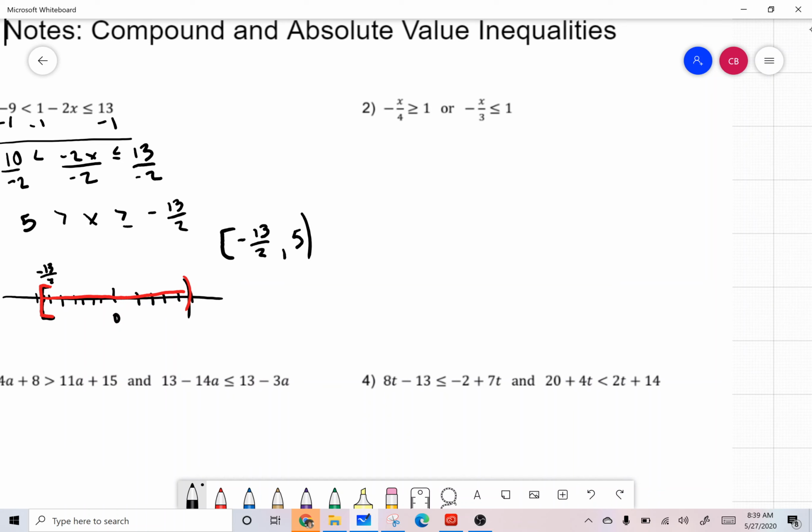Now for this one, we have negative x over 4 is greater than or equal to 1, times by negative 4. We have x is less than or equal to negative 4, or negative x over 3 is less than or equal to 1, times by negative 3. x is greater than or equal to negative 3.